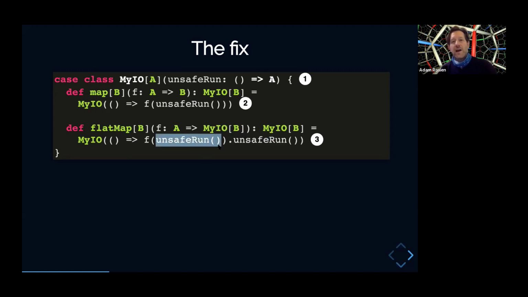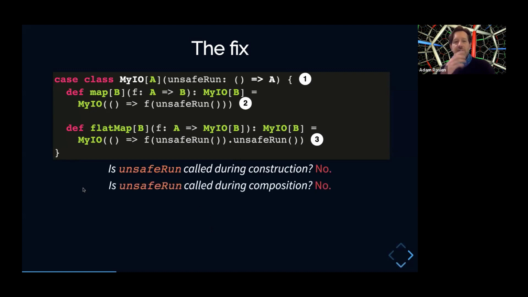First, I run my first effect, that produces a new effect, and then I run the next effect. So this is a little safe container. Inside this container is the unsafe code that doesn't respect substitution. But once we wrap it in it, we can do maps and flat maps, and everything becomes safe.